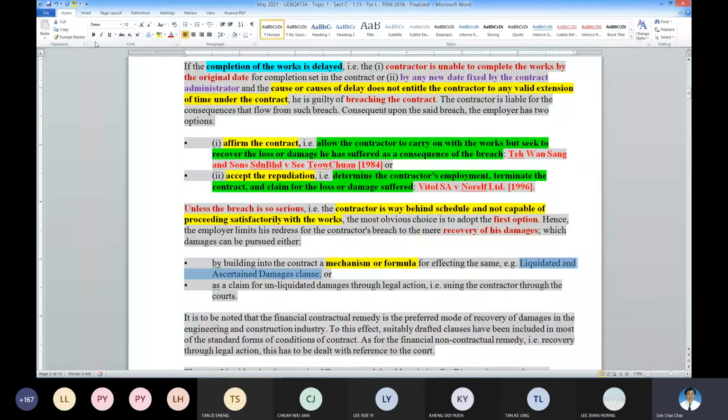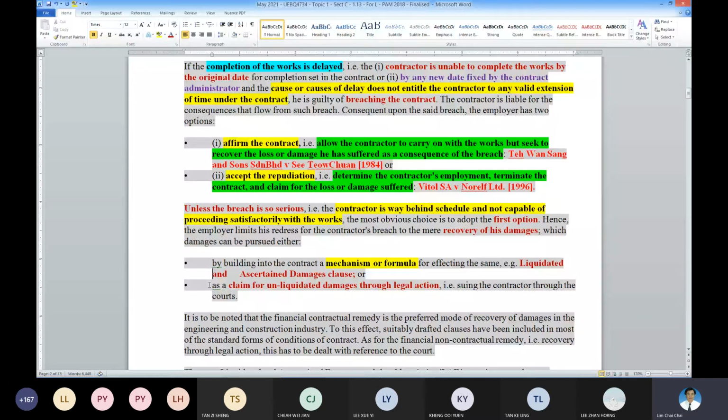So this is the clause that we have. Or alternatively, you claim for unliquidated damages using court action. This one is a very messy one. Okay, going through court action. So to me, try to avoid this category.